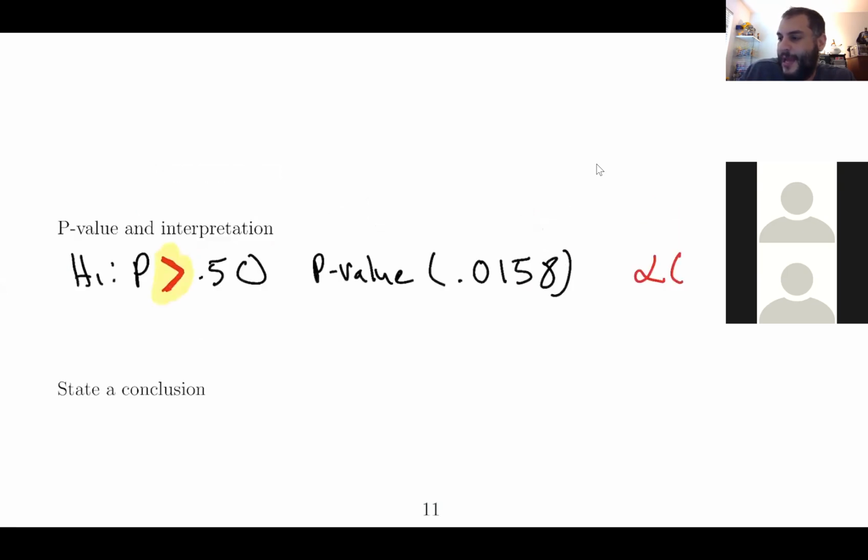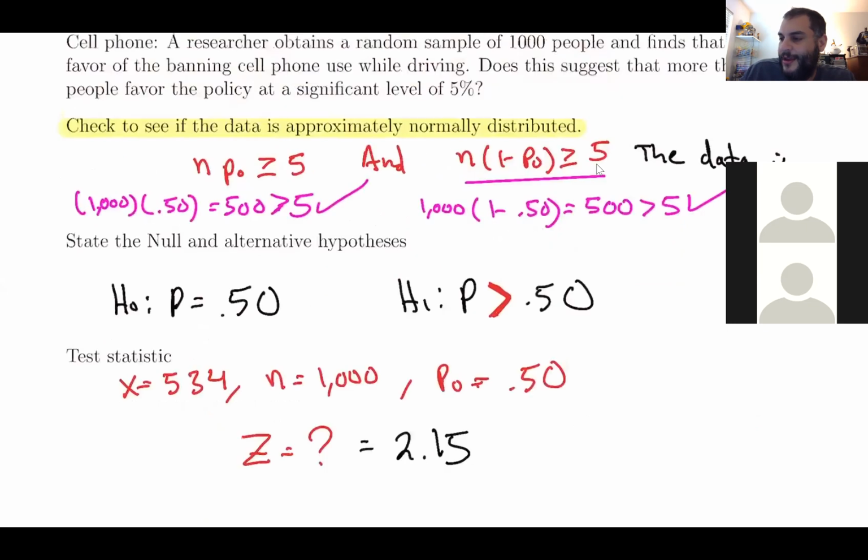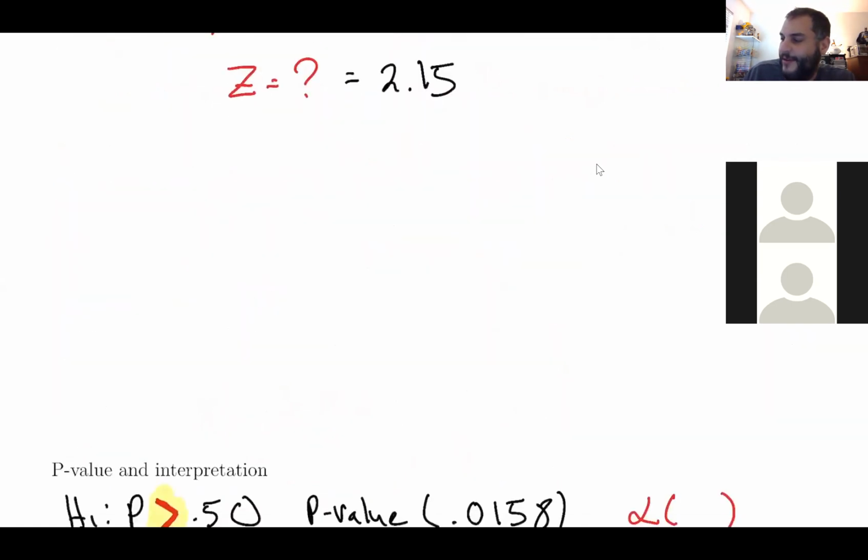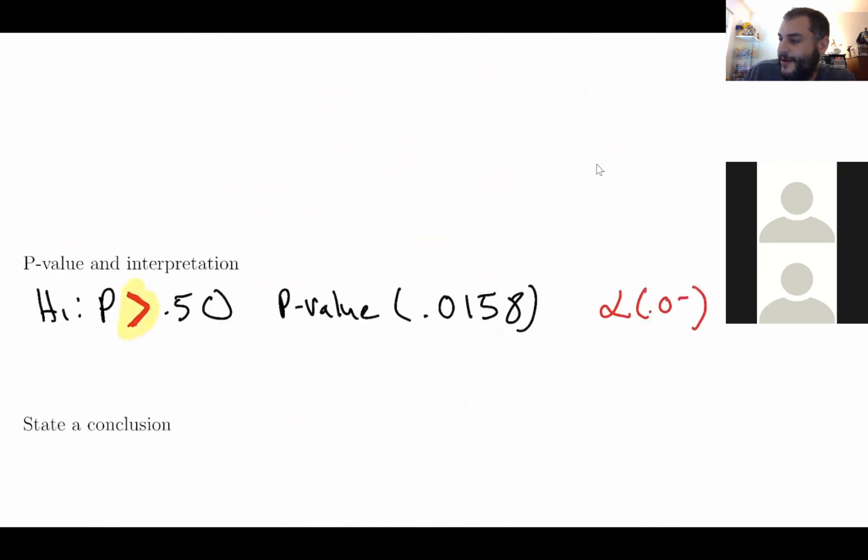If you go back to the beginning, you're going to see that we chose alpha to be 0.05. So since alpha is 0.05, you put that here.